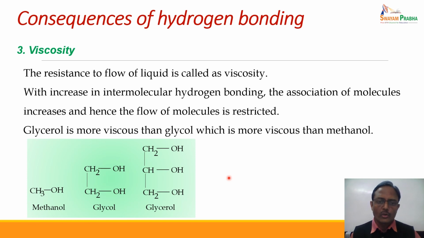And as the hydrogen bonding becomes stronger, the viscosity goes on increasing from methanol to glycol to glycerol. So in short, we can say that hydrogen bonding leads to increase in viscosity of the liquid because of the strongly associated structures of the molecules.